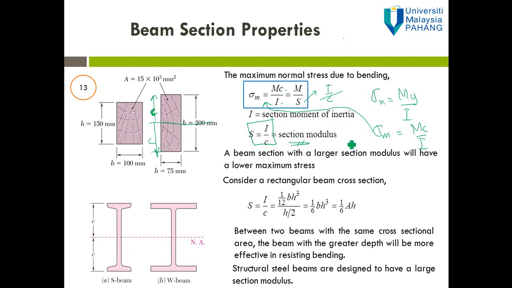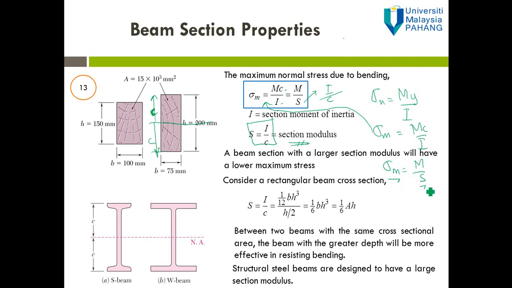In this form, sigma m equal to M over S, we see that the bending stress sigma m is inversely proportional to S, where S, as I said, is defined as the elastic section modulus.